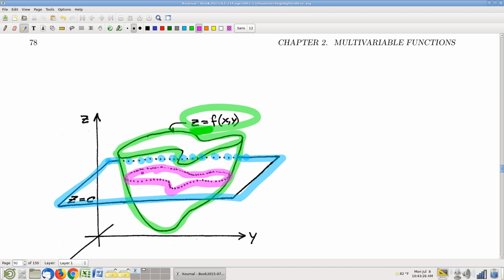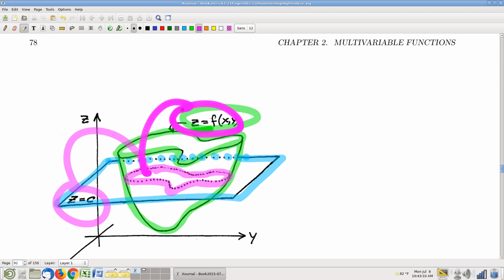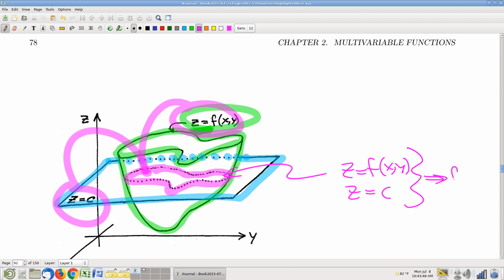And what can I say about that curve? Well, that curve, being a cross-section, satisfies both of these equations, and therefore that curve is where z is equal to f of x y, but also z is equal to c, and therefore f is equal to c.